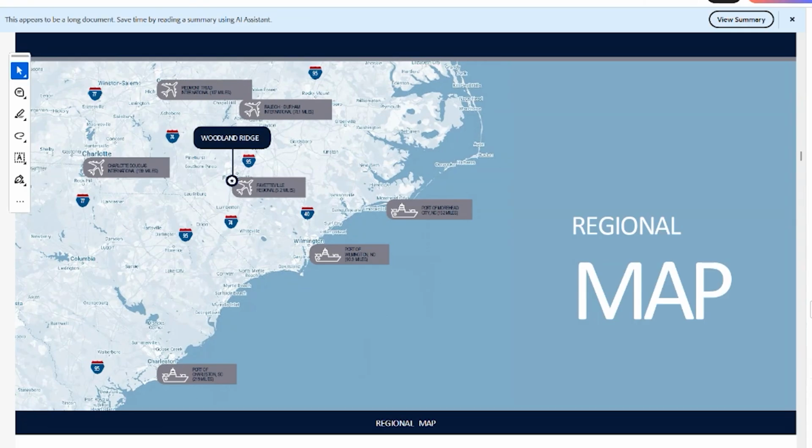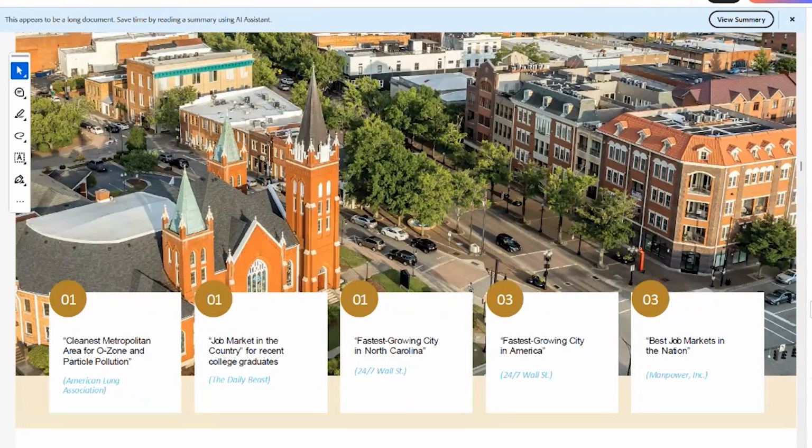Okay, so we do have a regional airport nearby, not an international airport. Why else would we want to invest in this area? Here are some metrics that they found, and they have also listed the sources. If we want to, we can double check these sources.